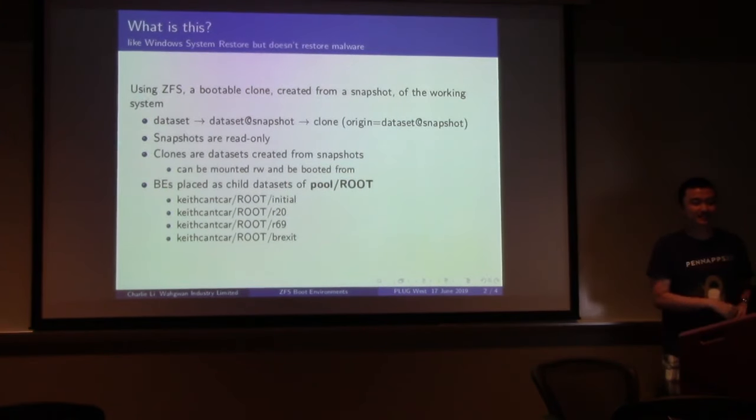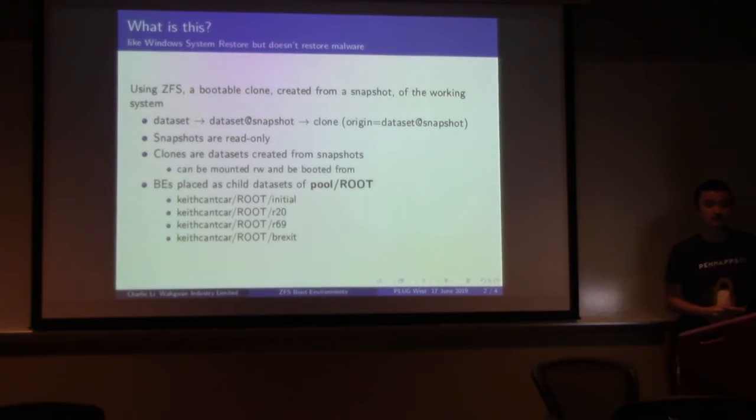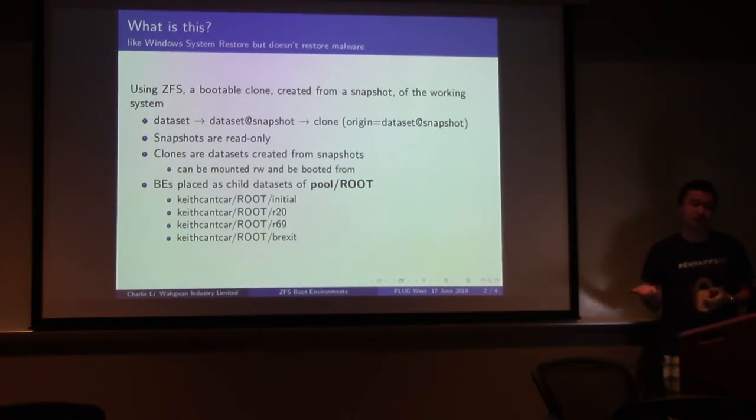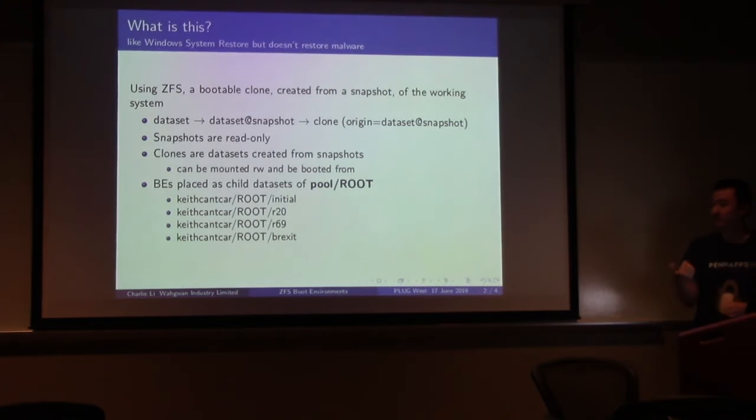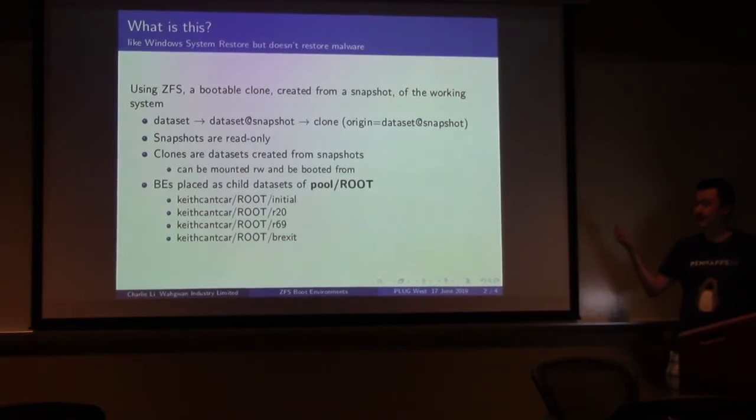So if these are all clones of that original root, that might be read-write, but any changes you make, they're not though. That's the thing. How most people do it, or how I do it at least on this little box here, is that you have your initial data set, which you do your initial stuff in.